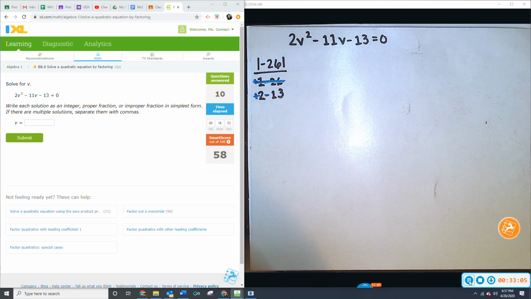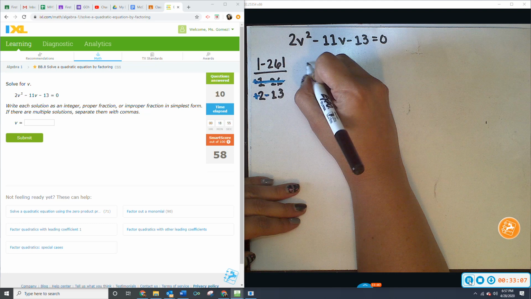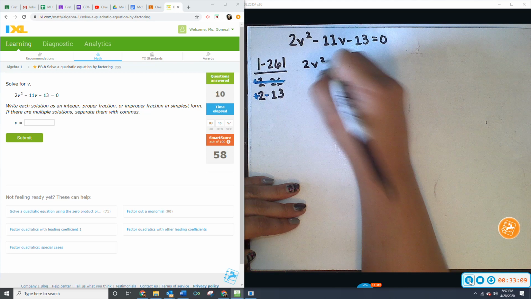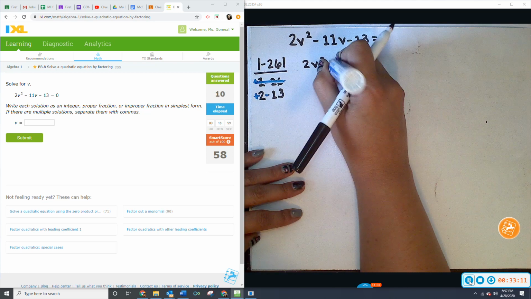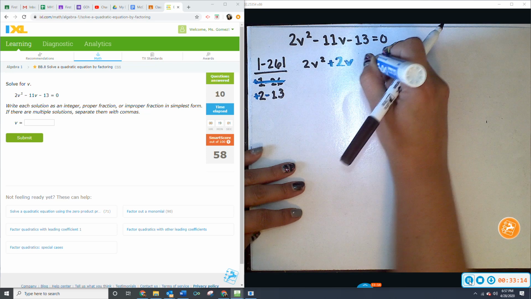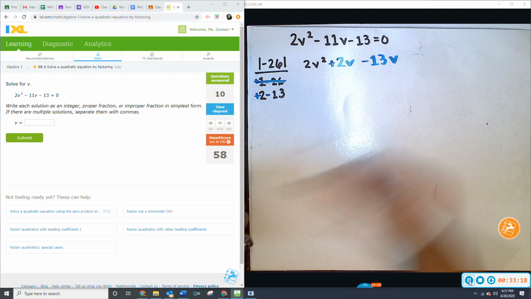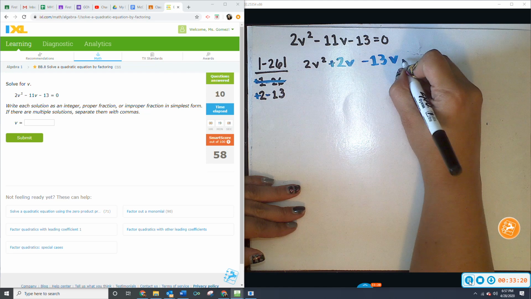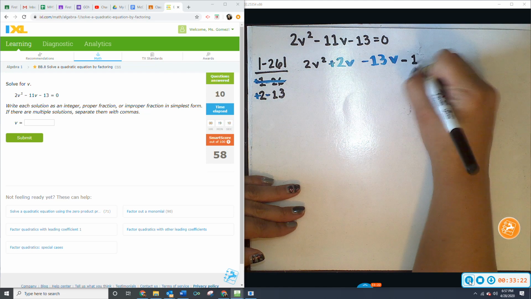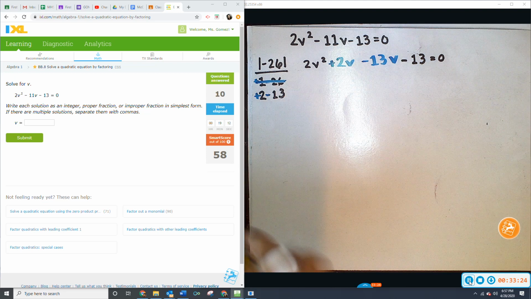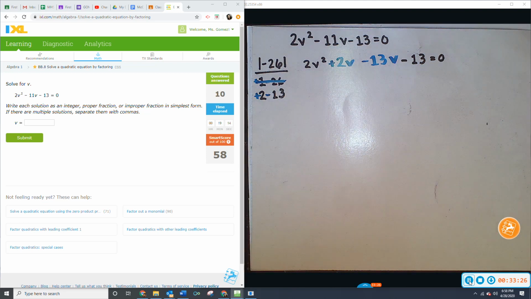So 2v squared plus 2v minus 13v, and then minus 13, again, equals 0. So let's split it down the middle.